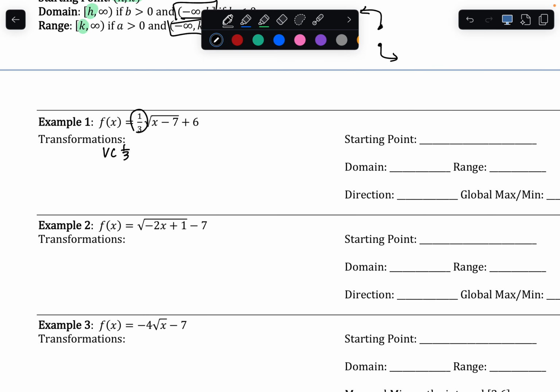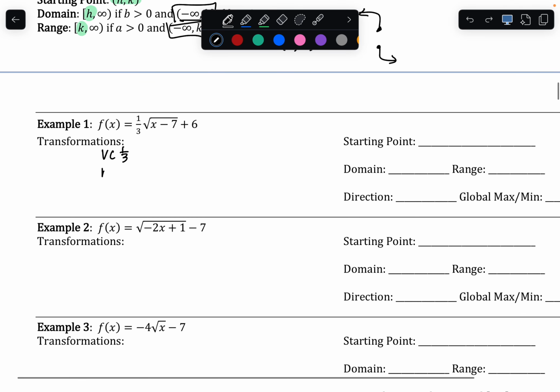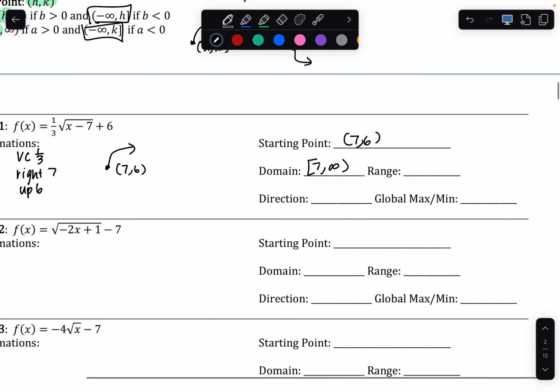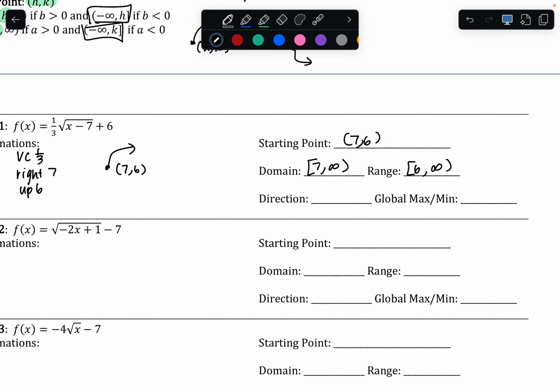We have a right 7 and an up 6. Okay, so no reflection. So this function is still up to the right, and that starting point is (7, 6), which means our domain is going from that 7 to infinity, and our range is going from that 6 to infinity because our direction is still up and to the right.